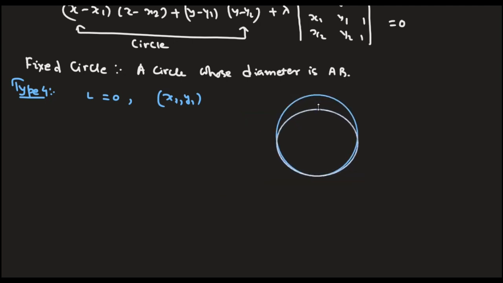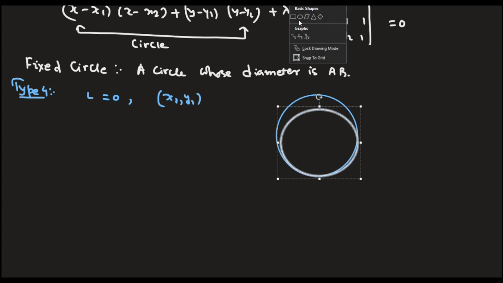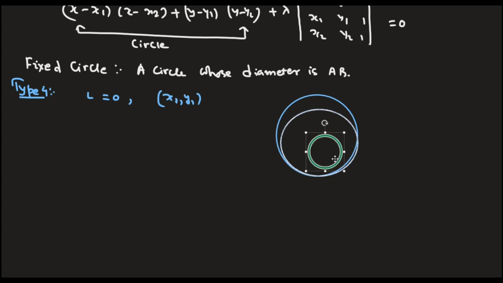Now another circle is there which touches at the same point. You can also make one more circle here. So now you can take this circle touching here. So so many circles are there, all touching at the point x1 y1, which is the fixed point of the line.